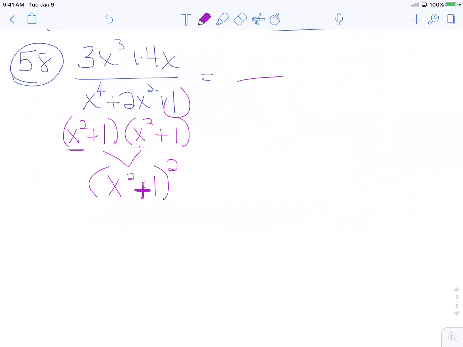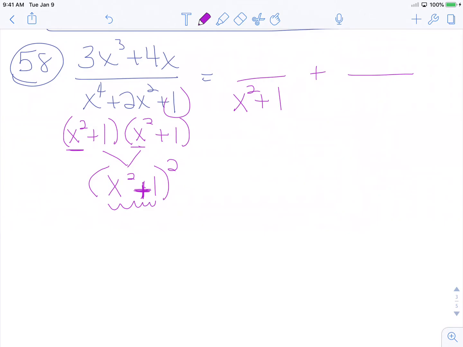So when you write your denominator, we really have two parts to the denominator. The first part of the denominator is just the actual factor, x squared plus 1. And a factor is whatever's in parentheses. So the factor is the stuff in parentheses, that x squared plus 1.